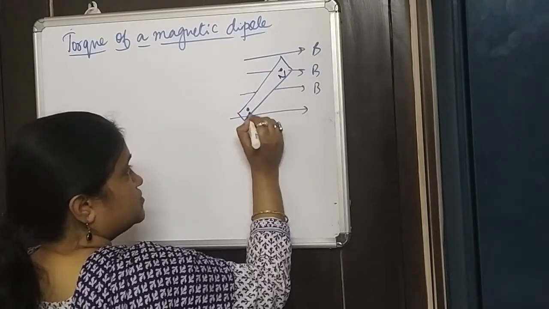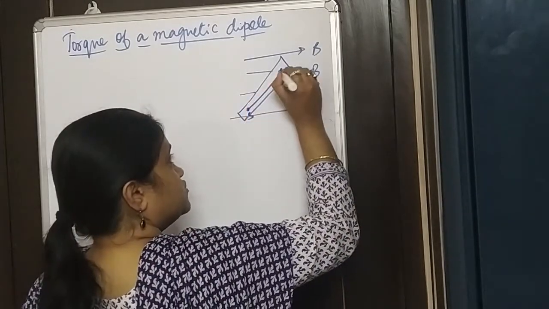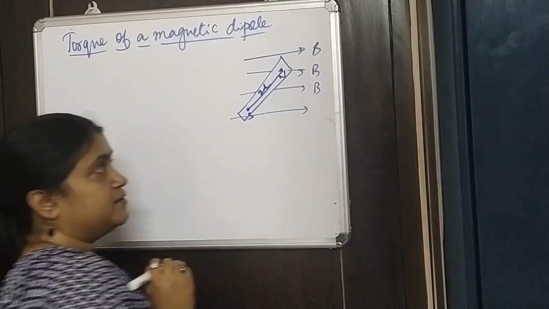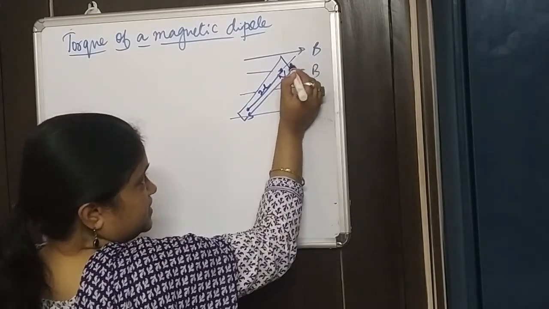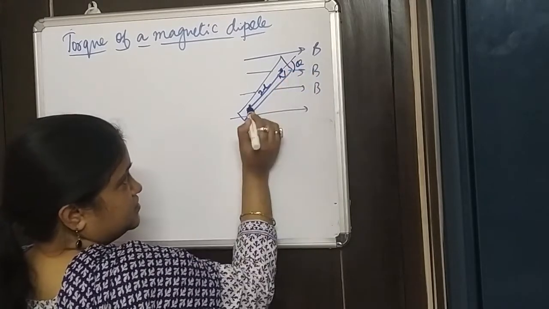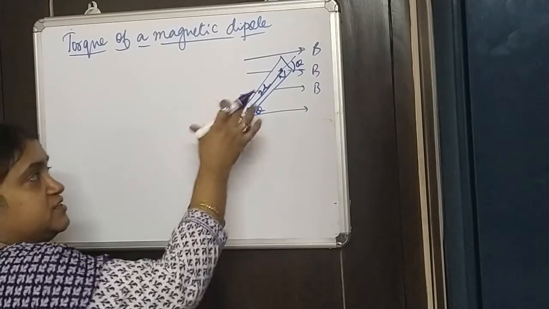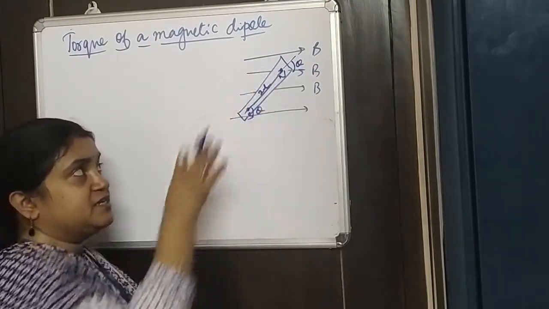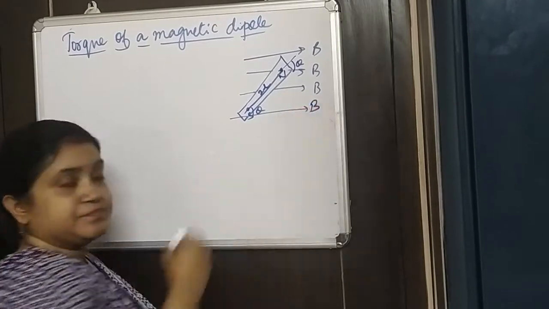This is the north pole, this is the south pole, and the length between these two is 2L, right? And this is at an angle theta, right? So there is a bar magnet which is kept at an angle theta in a uniform magnetic field B.